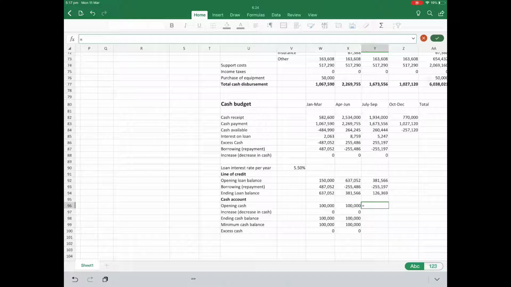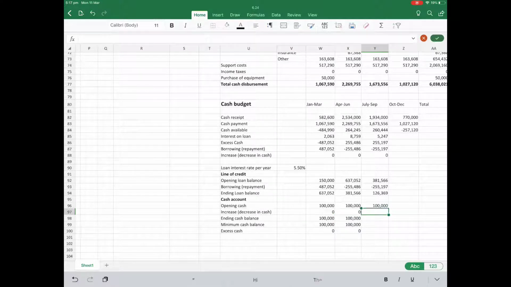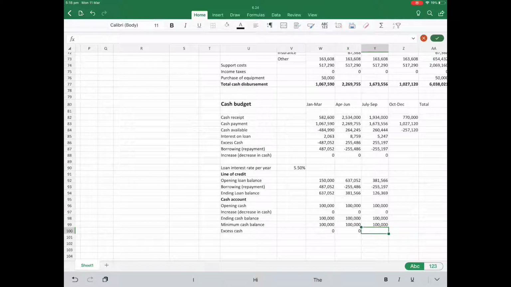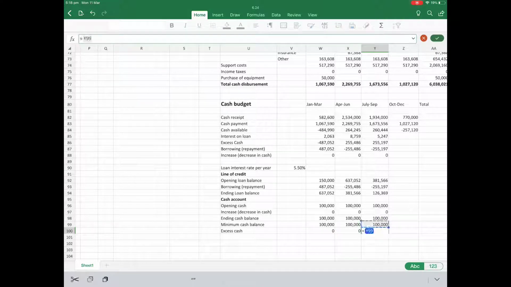The opening cash balance is the same as the ending cash balance last quarter. We haven't made any increase in cash. Alright, so again we still have 100,000 in the bank account. And then excess cash 0.